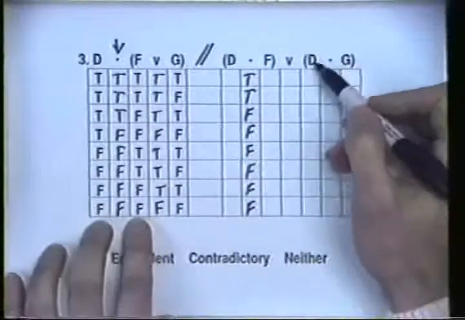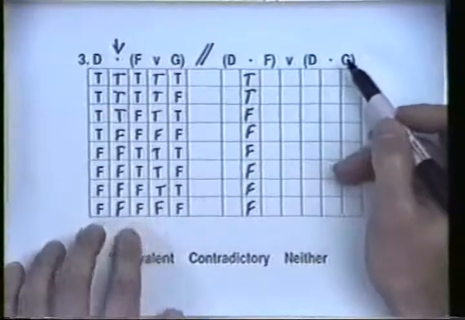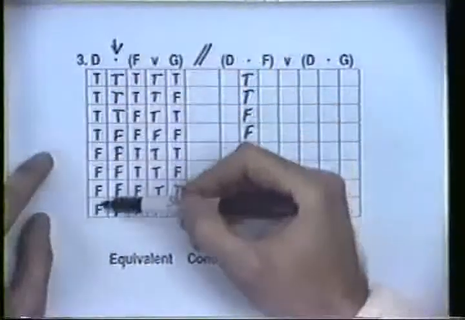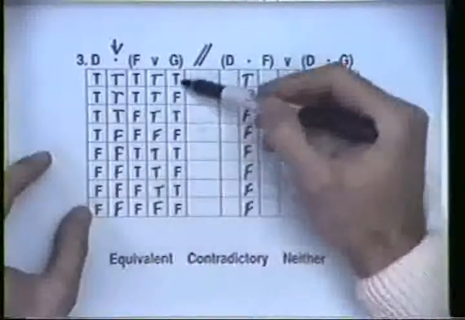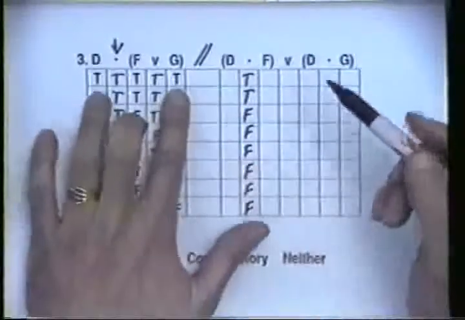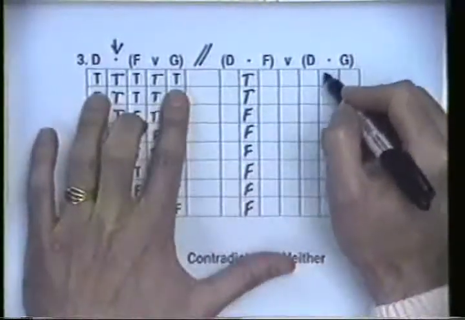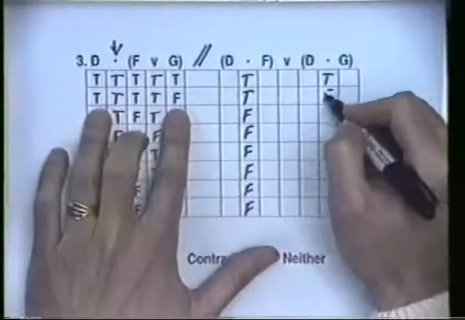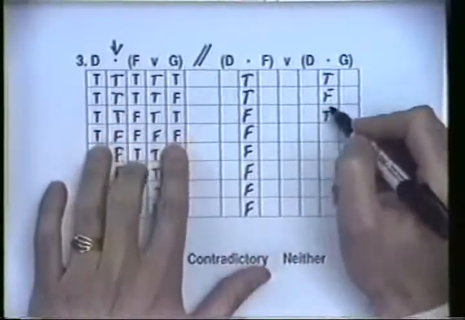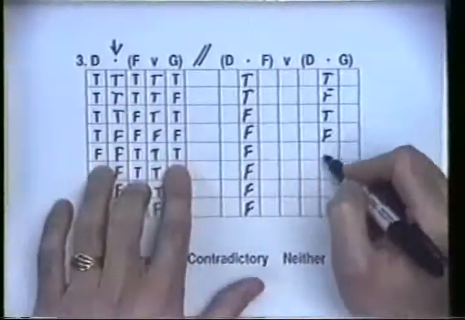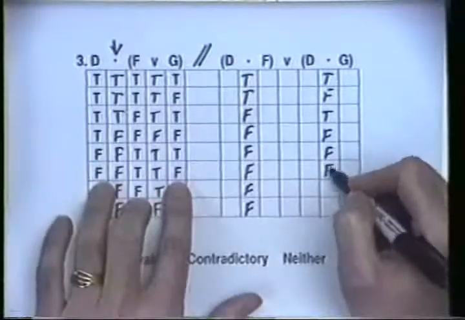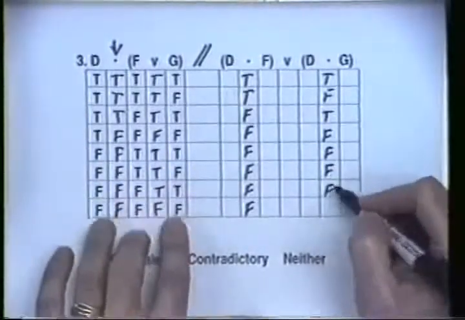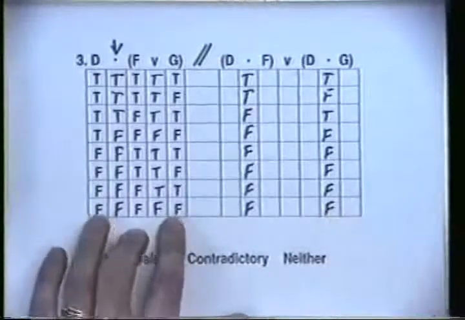Now I need to conjoin D and G, so in effect need to bring this column into conjunction with this column. So that gives us true, false, true, false, false, false, false, false.